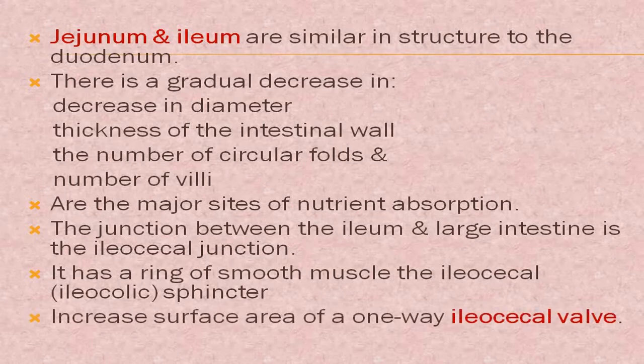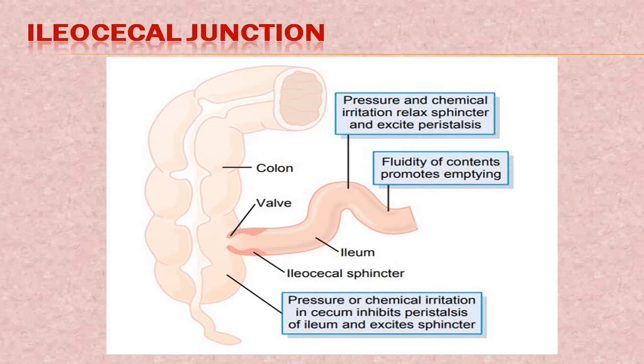The ileocecal valve or ileocecal sphincter is responsible for the movement of food from the small intestine to the large intestine and prevents the backward movement of food from the large to the small intestine. This is the figure that shows the ileocecal valve and ileocecal sphincter.